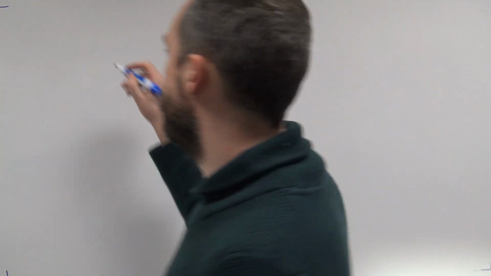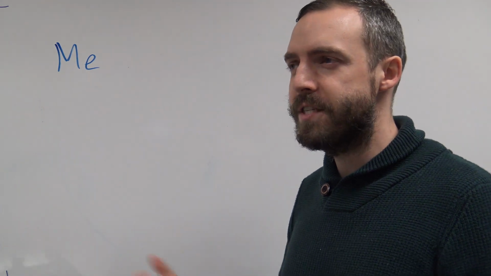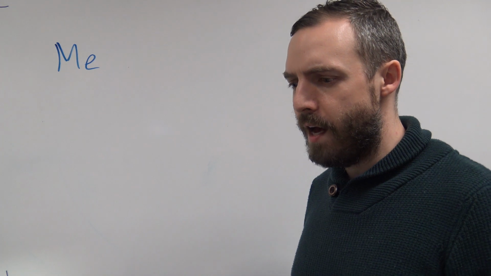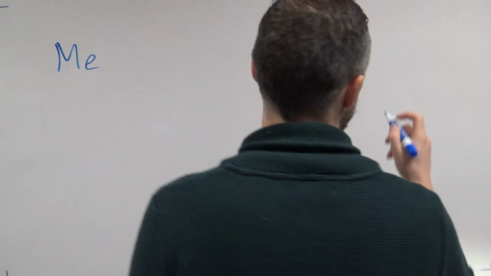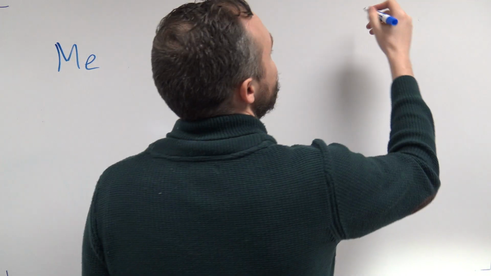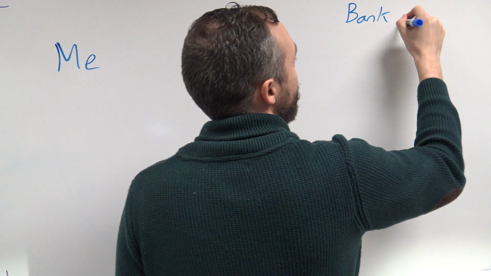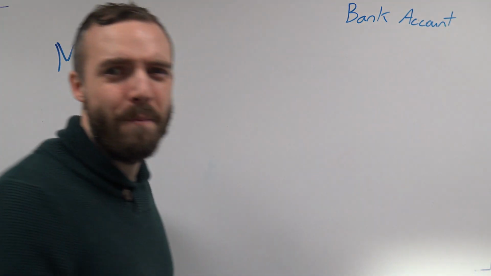On one side, I'm going to consider the first component being me, the buyer, the person that is interested in securing some goods. But there's a couple other things that I need to interact with for this to happen. Maybe the most important one, and one that you have a sad awareness of right now if you are a struggling student, is this idea of a bank account.